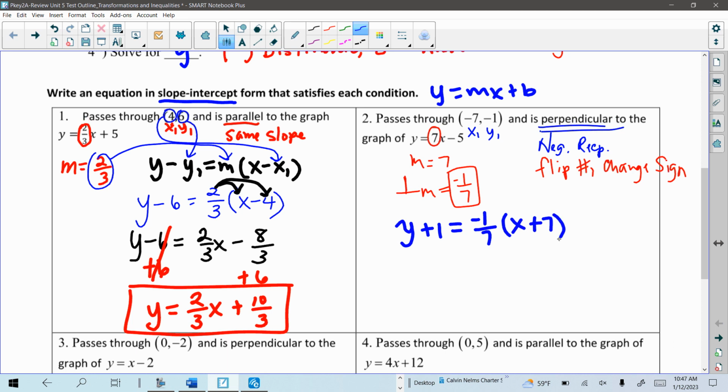Now we need to solve for y. That's step 4, which requires us to distribute and add or subtract. So I want you to try. There's no more excuses to not being able to do fractions. I want you to try to distribute.